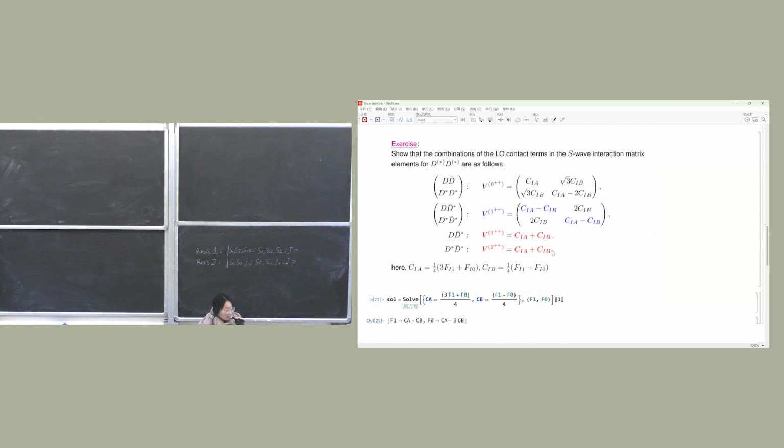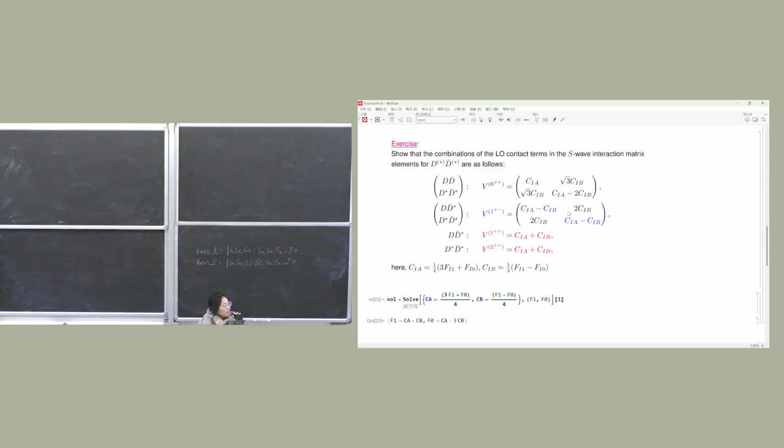The exercise is to derive the potential. We can see that there are only CA and CB, 2 free parameters, and CA and CB are just a combination of the previous F0 and F1. So this is our exercise.